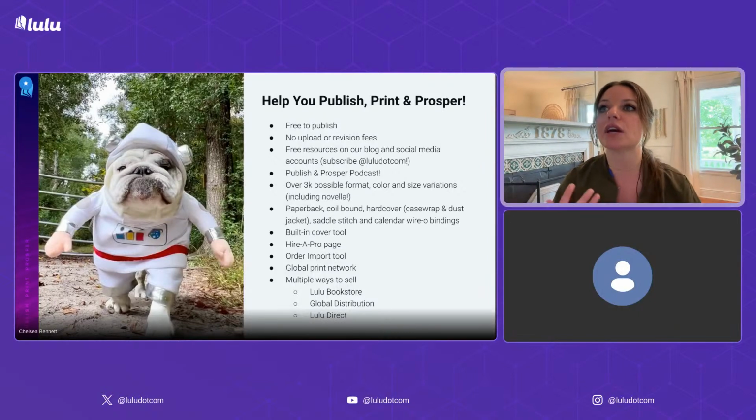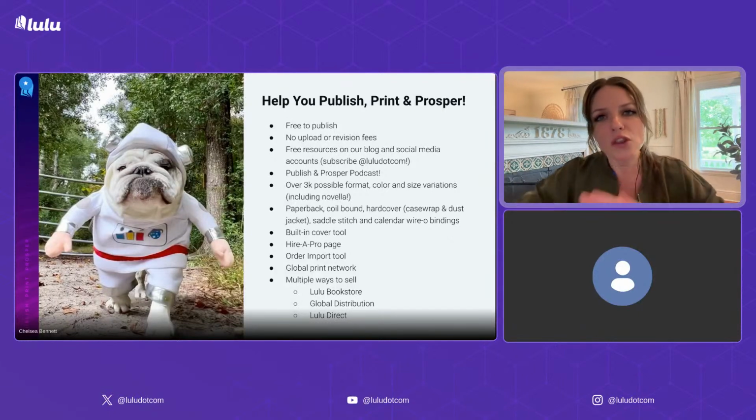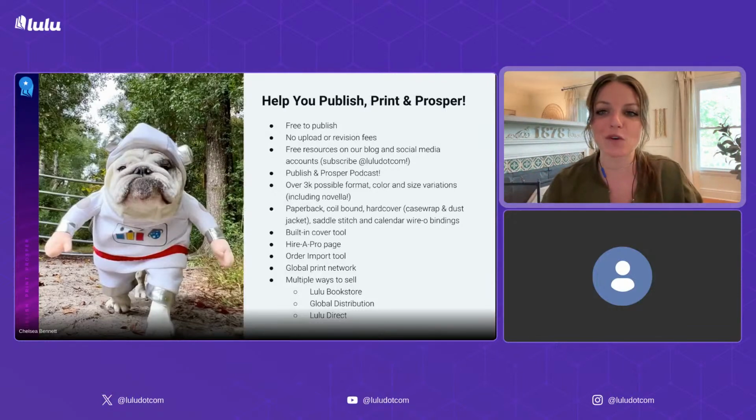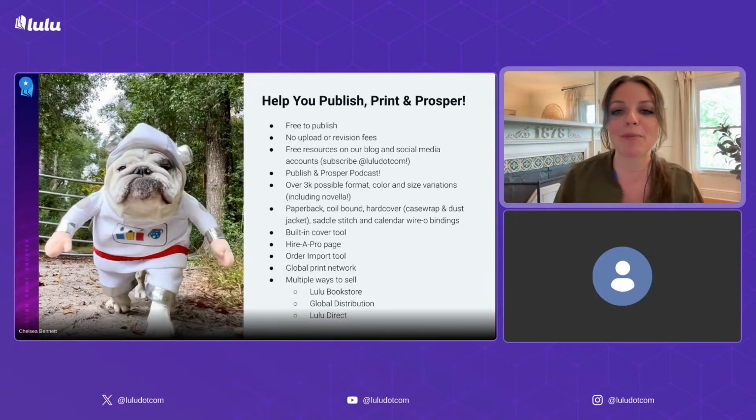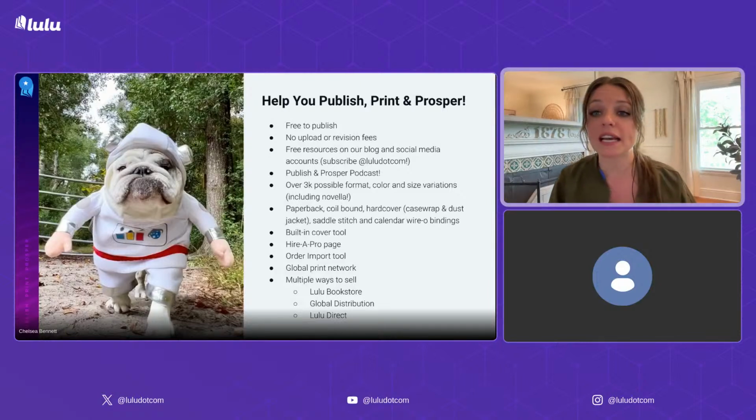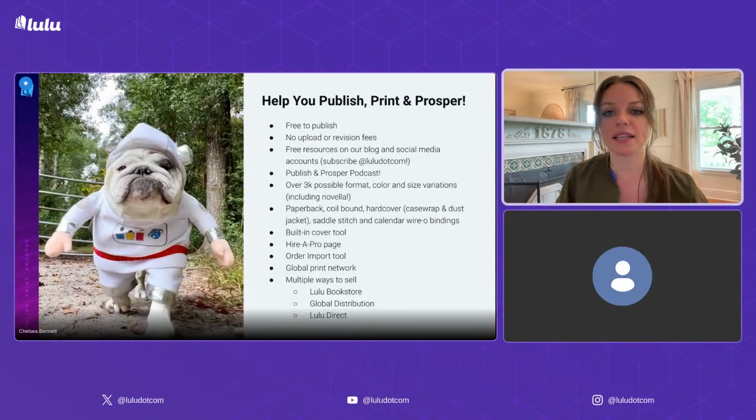This is where you can look at all of our trim sizes and formats and configure the book that you're hoping to make. See how much it'll cost you to publish that book and what you can earn through distribution and direct sales as well. We offer all the best trim sizes and formats and binding types like paperback, coil bound, hardcover, case wrap, and dust jacket, saddle stitch, and calendar wire O bindings.